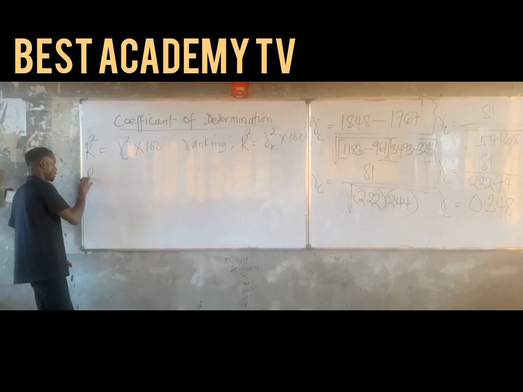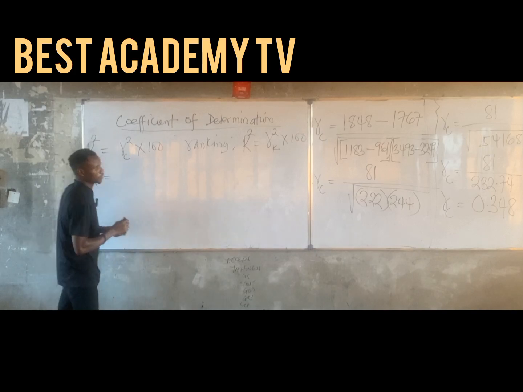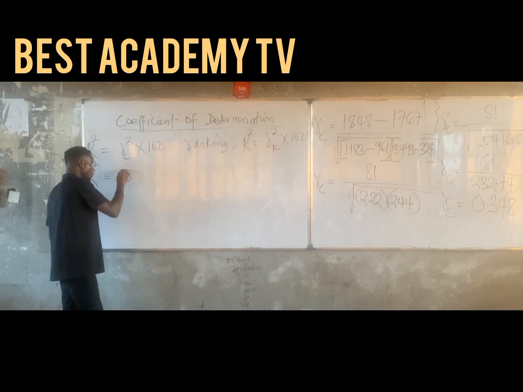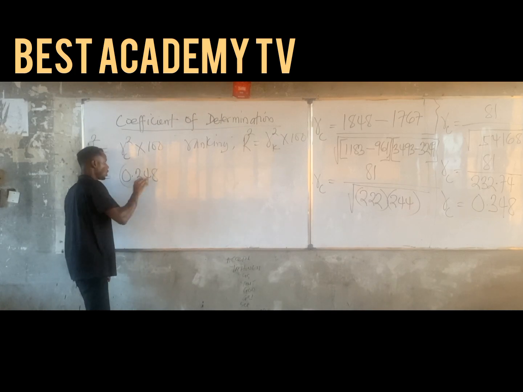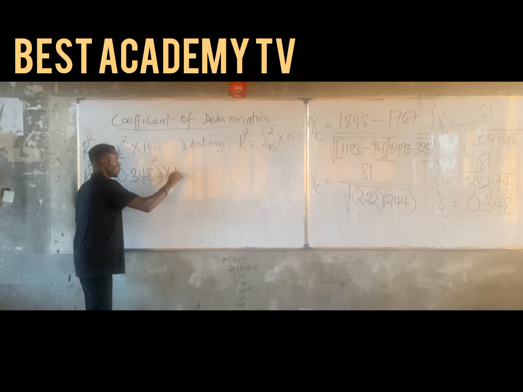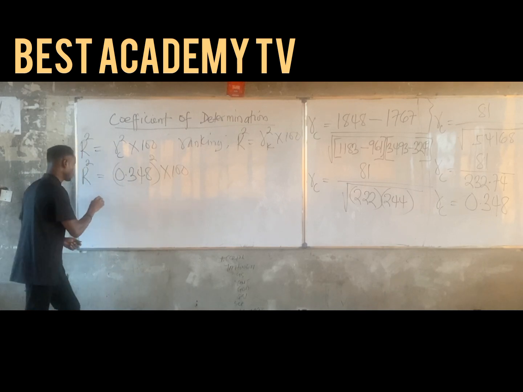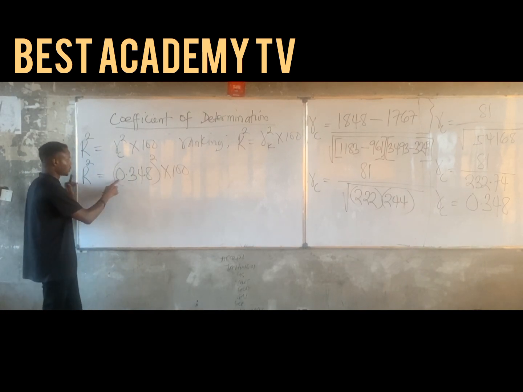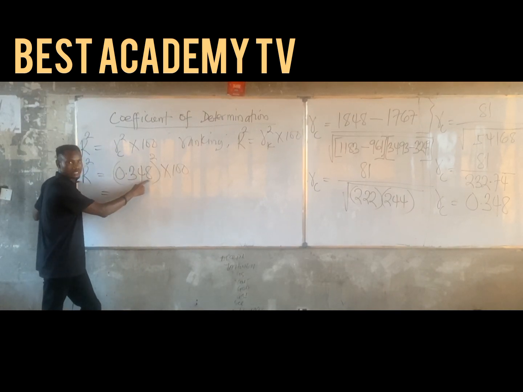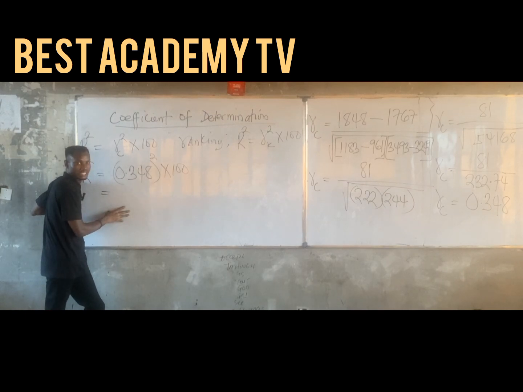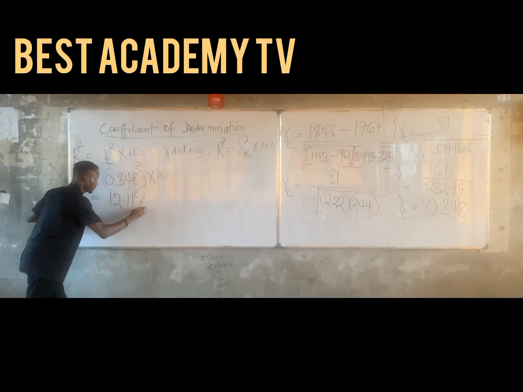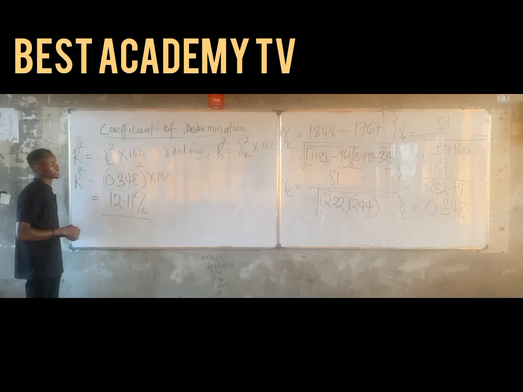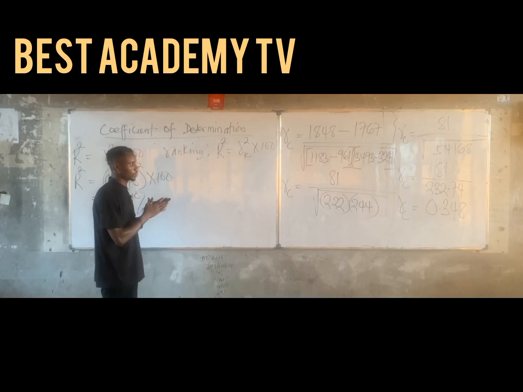Let's replace arrow C, which is 0.348, all squared times 100. Now let's punch our calculator. 0.348 all squared. What is the answer, please? 0.11, in percent.